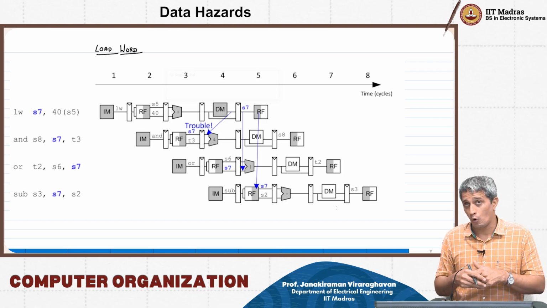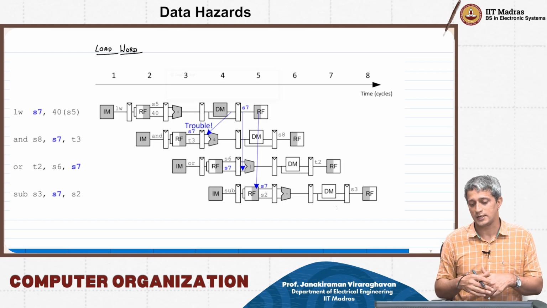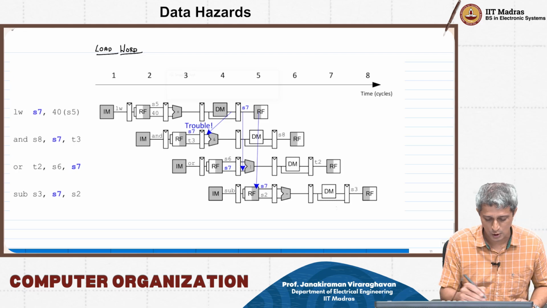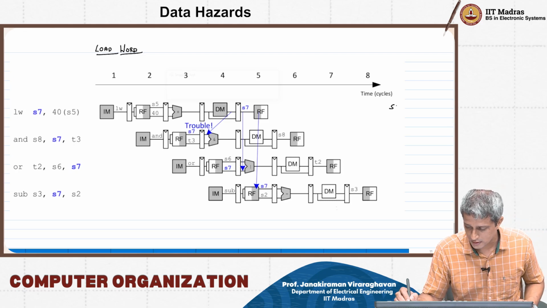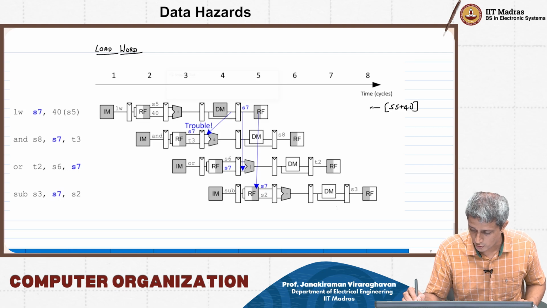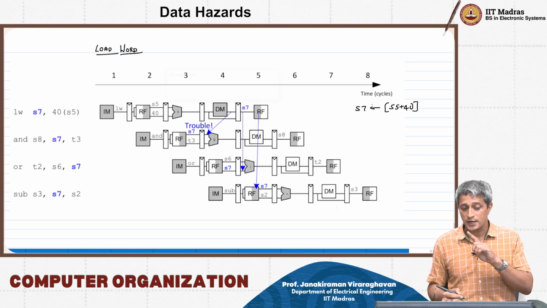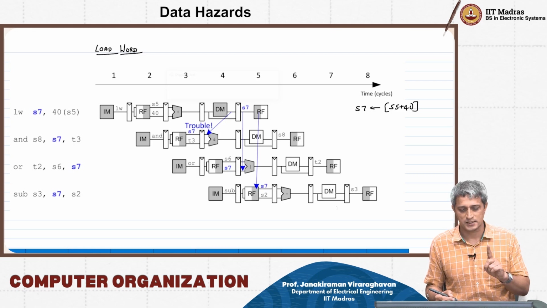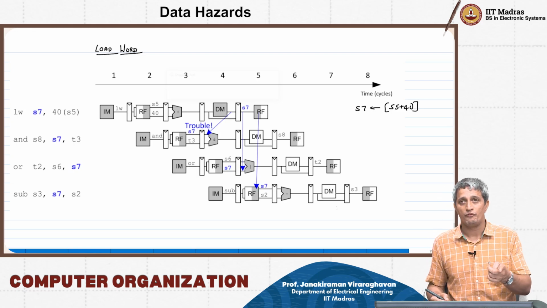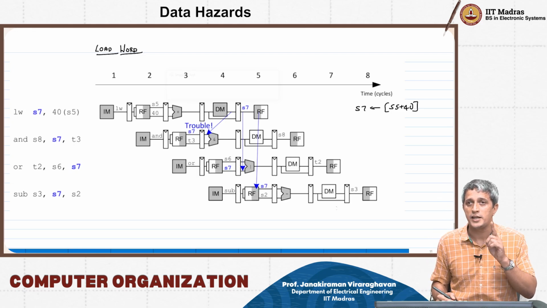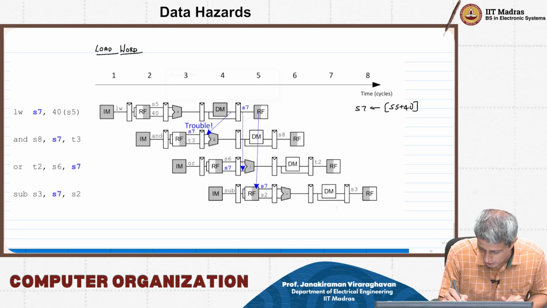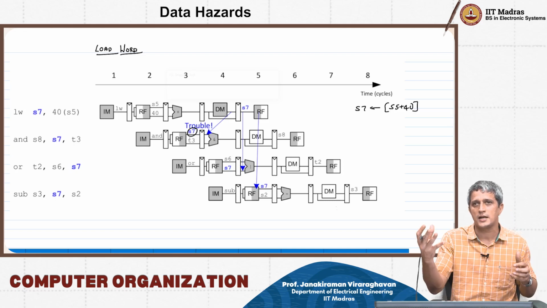On the other hand, the problem with the load word, as you can see here, is that the contents of S5 plus 40 need to get loaded into S7. Now the contents of S7 need to be consumed in the next cycle, but when the register file decoding is happening, you are trying to read that data out.